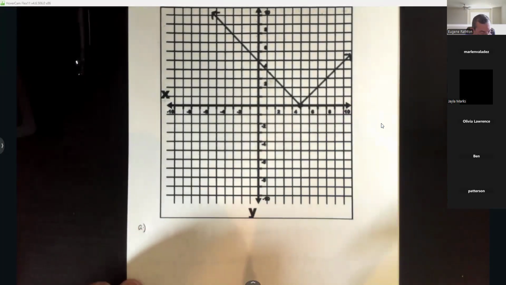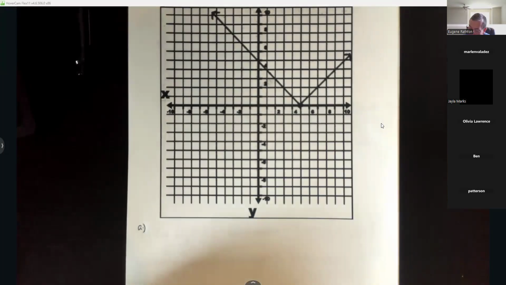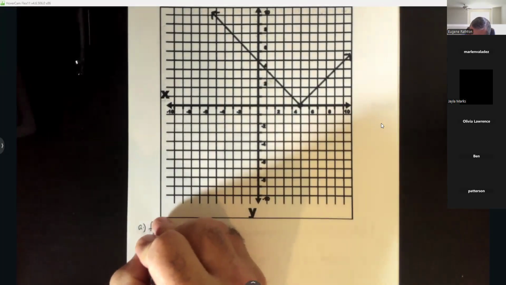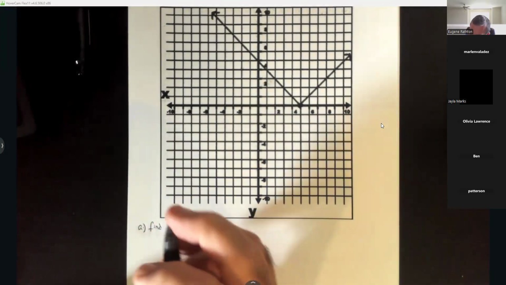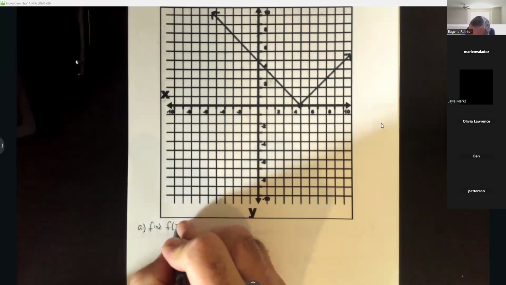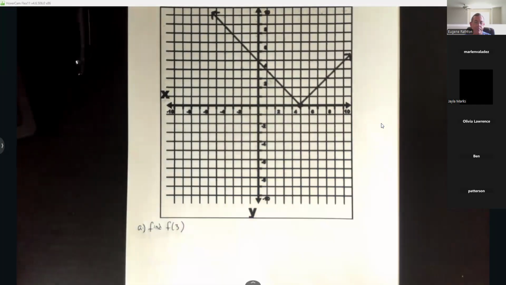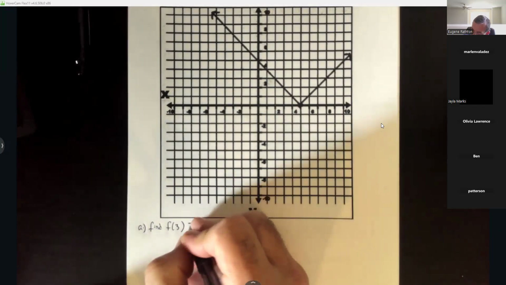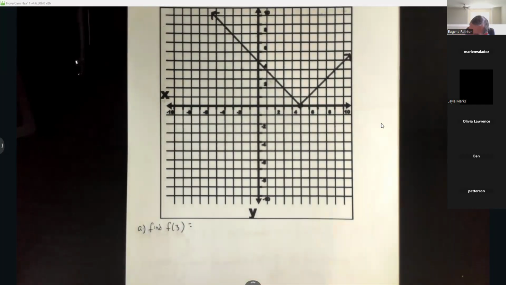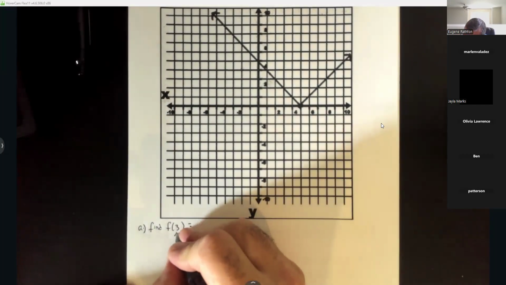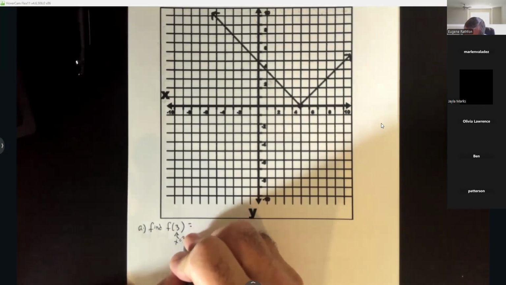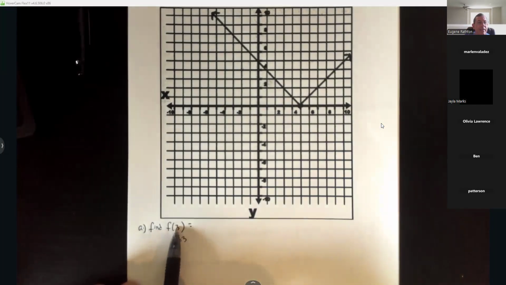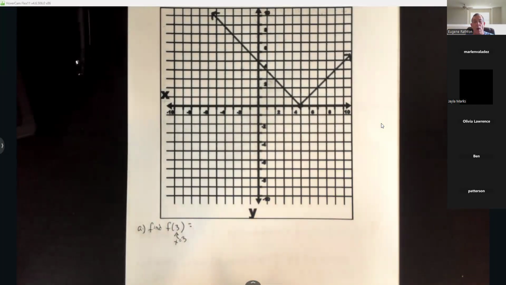For A, they want to find f of 3. All right, so remember, they're telling me the x equals 3 on this one. So since the x equals 3, I'm looking for the y value that corresponds to x equals 3.